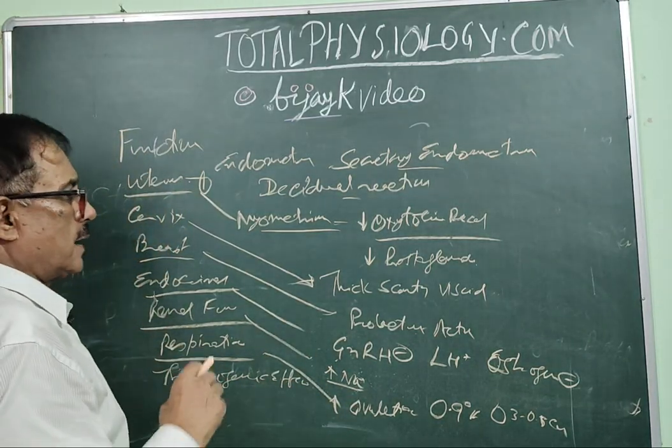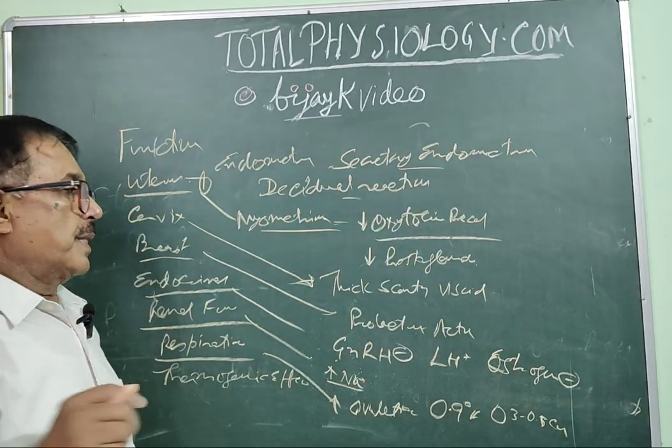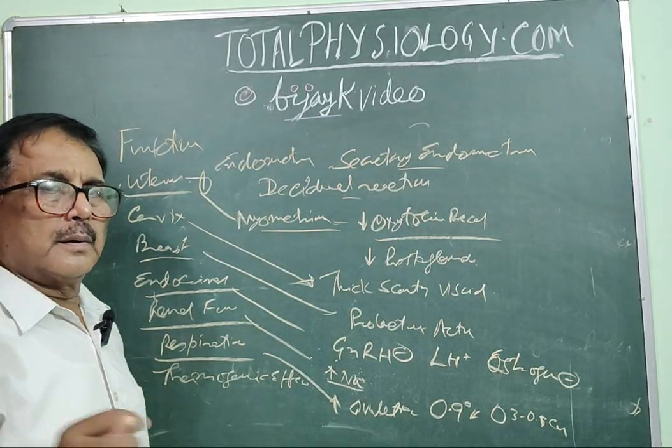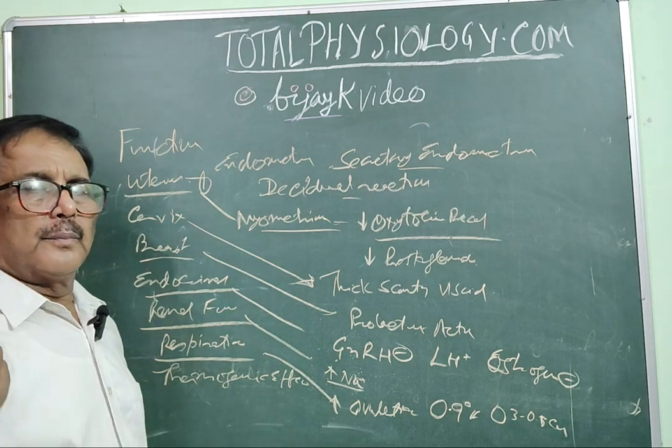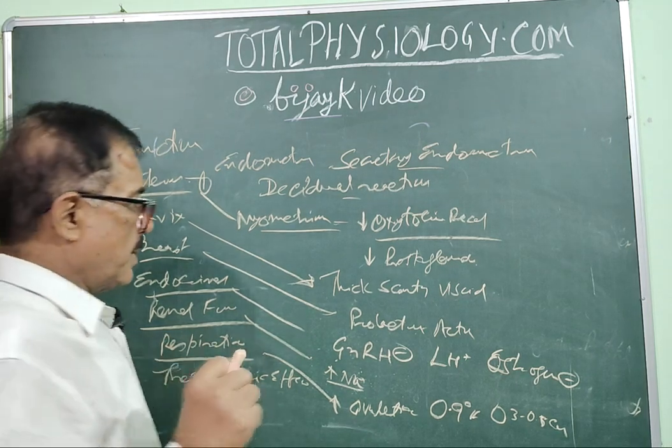In the cervix, thick, scanty, viscid cervical mucus is formed so that penetration of sperm is prevented.